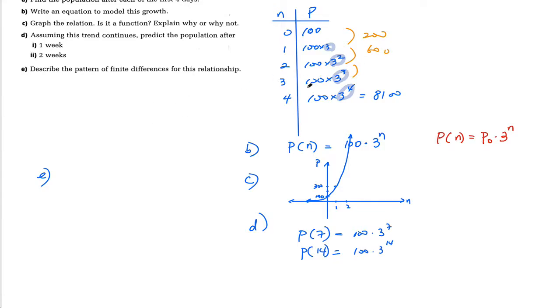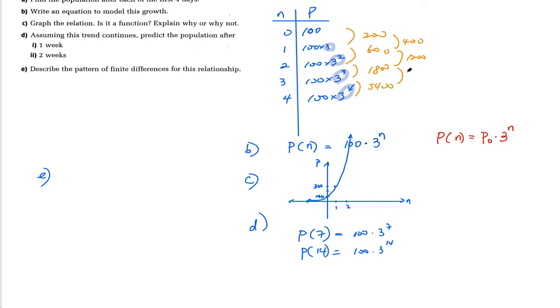Then we have 2700 minus 900, which gives you 1800. And that's 8100 minus 2700. That's the first finite difference. We're just taking the difference between the y's. Then it's 400, and then it's going to be 1200.